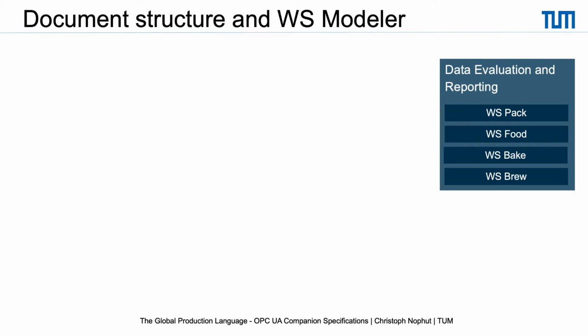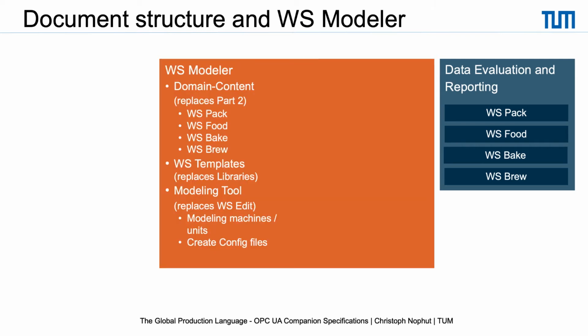Each domain has its own document for such definitions, and we have the WS modeler, which we are working on. The modeler contains all the information and definition of the data points within all our domains. It will replace, at the moment, part 2 of the Weihenstephaner Standards.